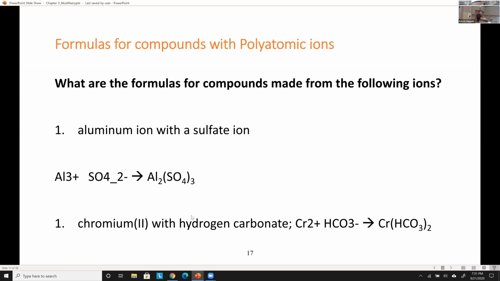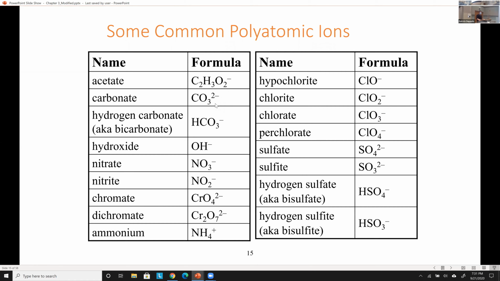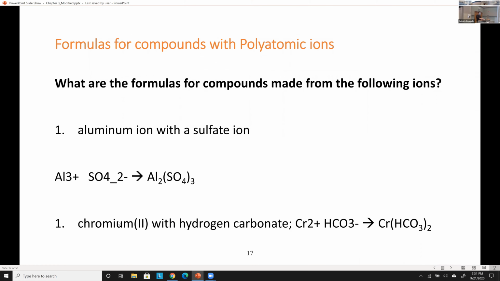Same thing for chromium 2 with the hydrogen carbonate. So hydrogen carbonate, if we go back, is carbonate, CO3 2-, with an added hydrogen. So that would be hydrogen carbonate with a -1 charge. So chromium 2+ with an anion that's a -1 charge means there have to be 2 of those anions, so 2 of the hydrogen carbonates to cancel out with 1 chromium 2+.